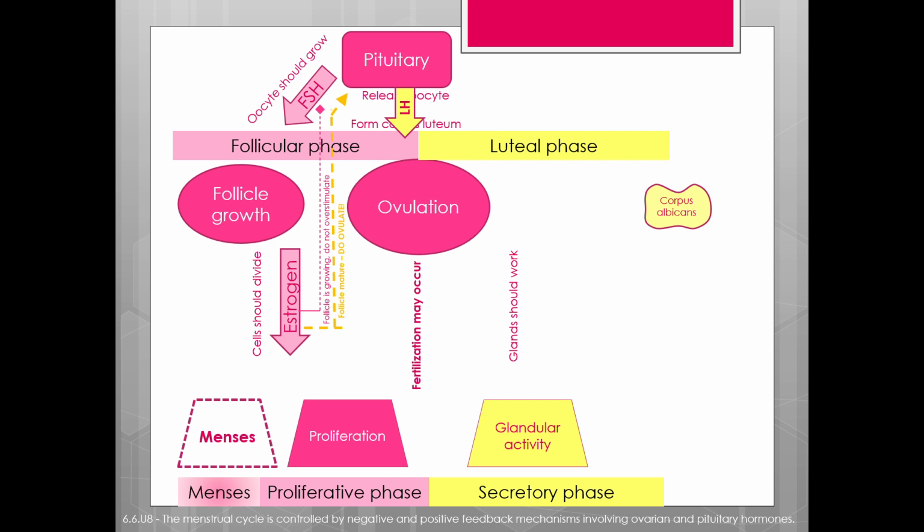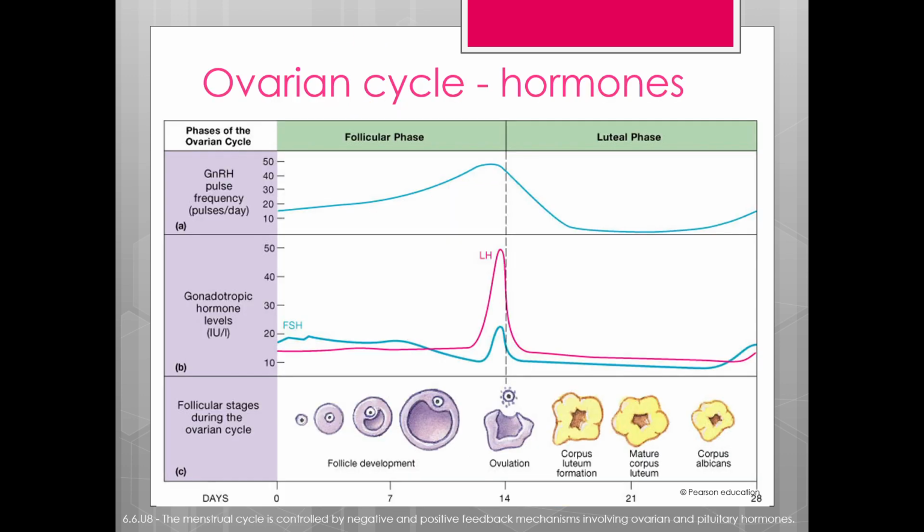So what are the consequences? For the uterus, this is a signal: no fertilization, you can start a new cycle, and the uterus enters new menses. For the pituitary, this is a signal: there was no fertilization, start a new cycle, and our pituitary will provoke production of a new follicle.